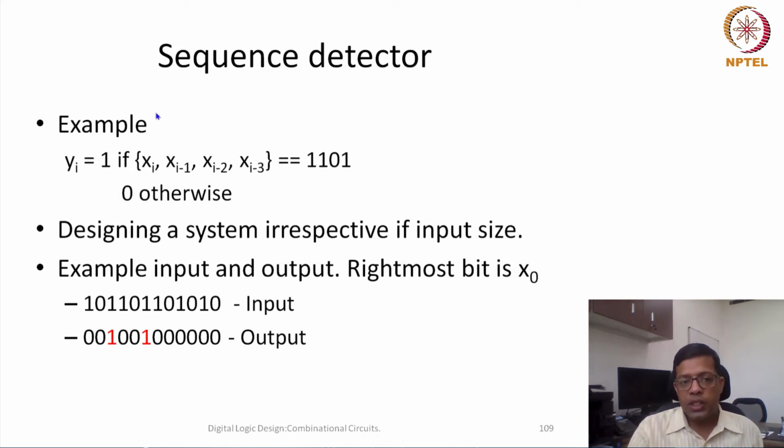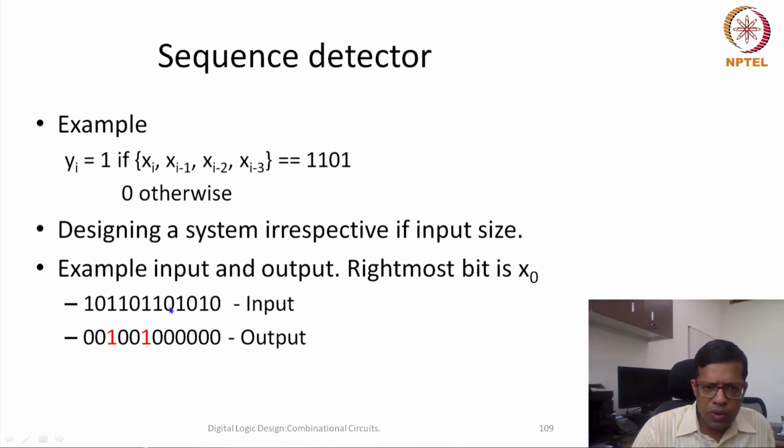These are the 12 bits of input, and I want to see the output. This particular bit is the LSB, so this is x0, this is x1, this is x2, x3. For x3 to x0 the pattern is 1 0, it doesn't match, so my output would be 0 for all of these cases.